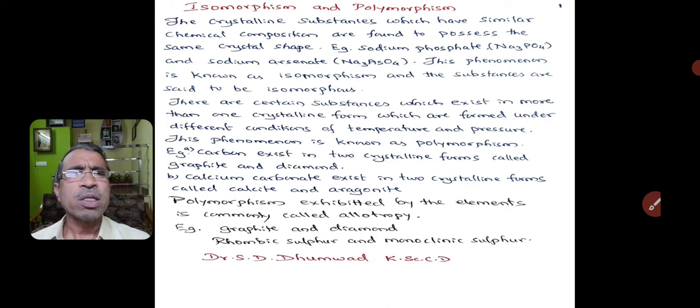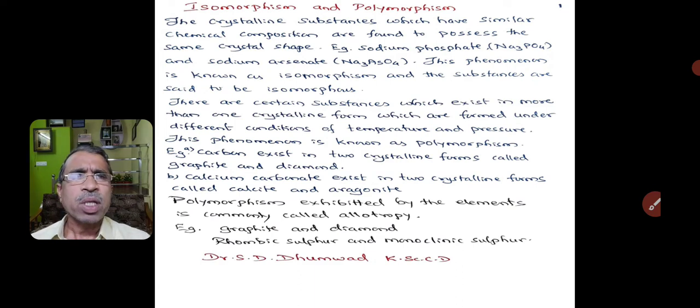These two substances have similar chemical composition and they are found to possess the same crystal shape. These two are the examples of isomorphous compounds, and the phenomenon is known as isomorphism.